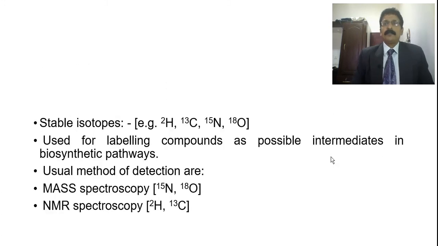And stable isotopes, hydrogen 2, carbon 13, nitrogen 15 and oxygen 18, are used for labeling compounds that are possible intermediates in biosynthetic pathways.